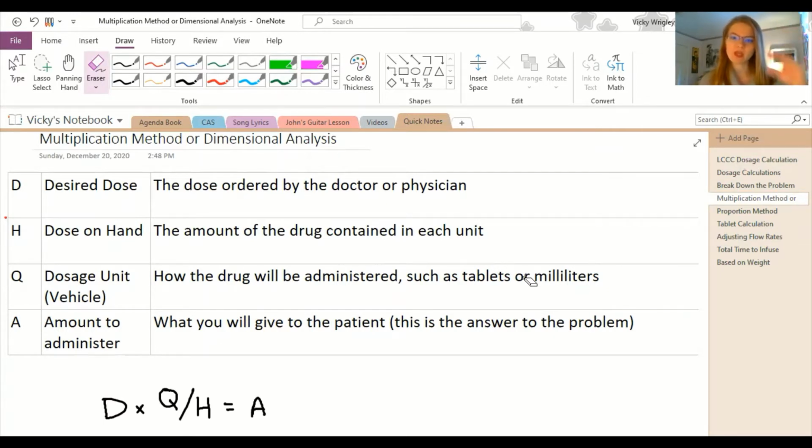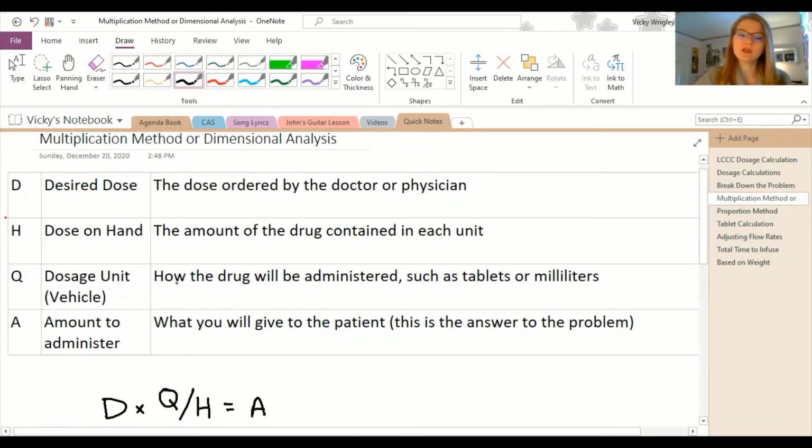Remember, there are 4 things that we're looking at in our problem. The desired dose, which is what the doctor ordered, how much of the drug the patient needs to receive. Dose on hand is the amount of drug contained within each unit. It's the amount of milligrams in a tablet, the amount of milligrams in a milliliter, that sort of thing.